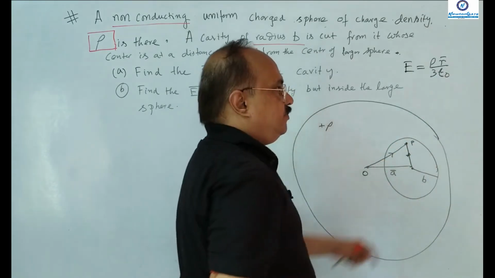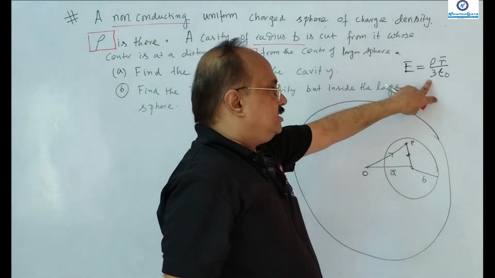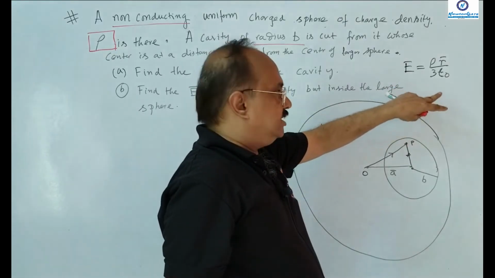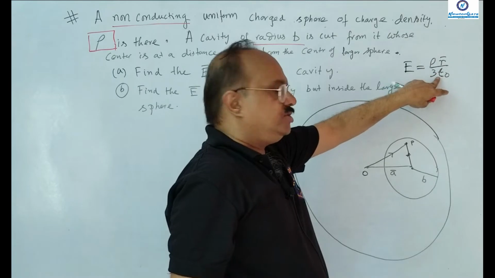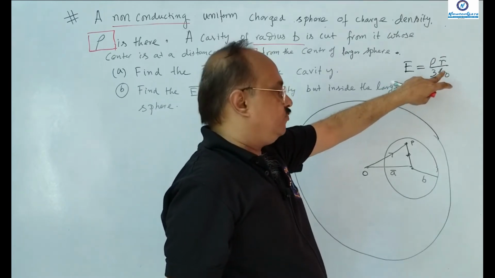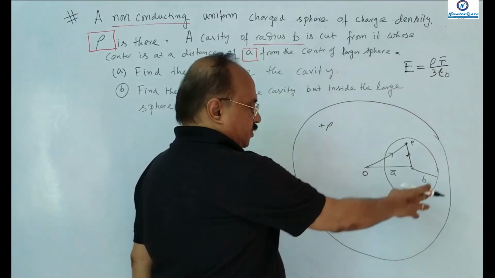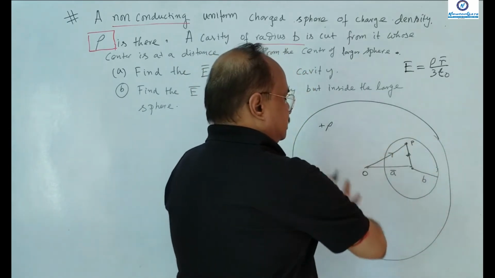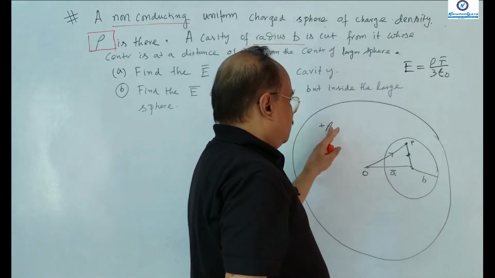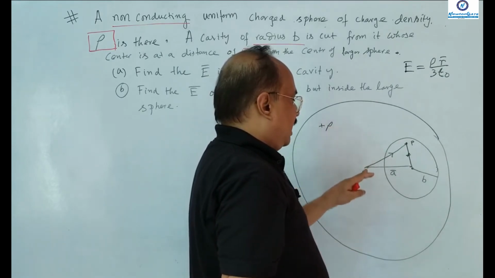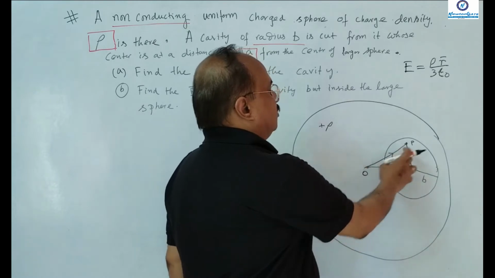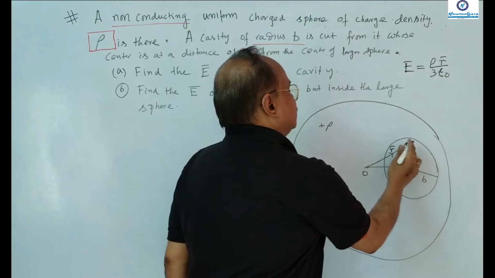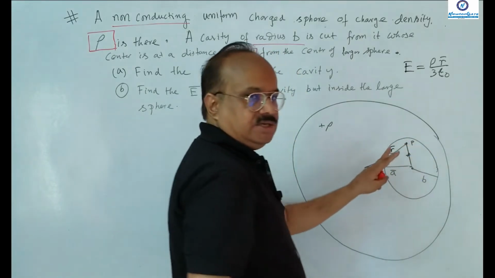You can see it in my previous derivation, where I explained how the electric field inside a uniformly charged sphere is equal to rho r divided by 3 epsilon naught, where r is the distance from the center. So first I will think that there is no cavity. This is the uniformly charged sphere of charge density rho, and according to that I will find the electric field from the center O, at distance r. That will be E1.